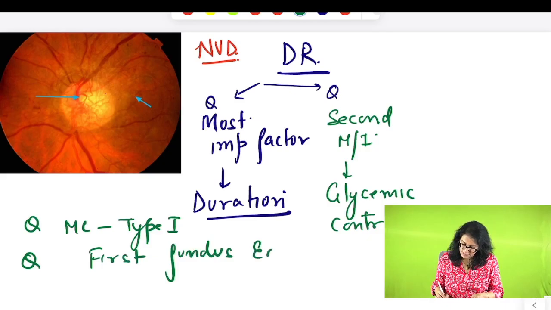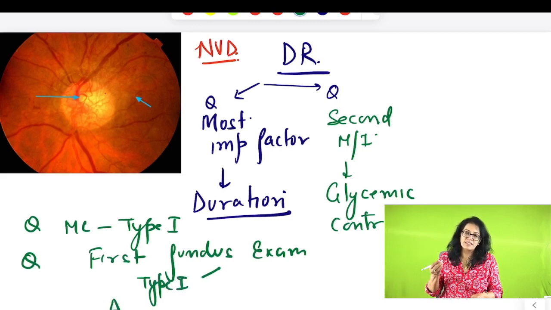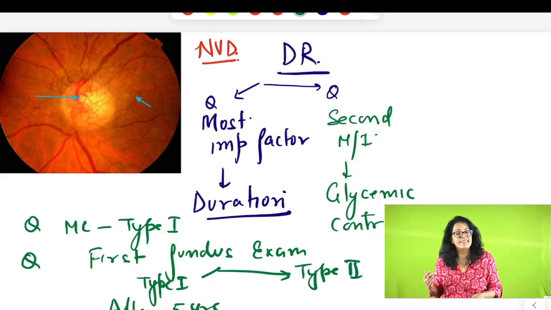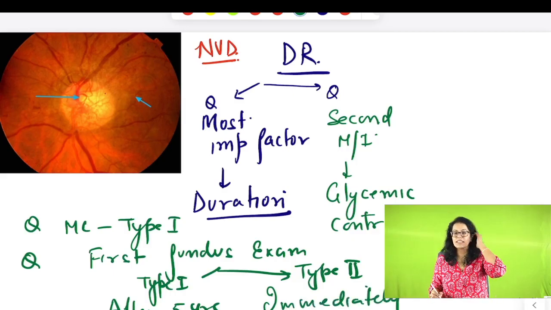In type 1, we should go for it after 5 years because that is the time we expect some changes in the retina. And if I talk about type 2, we don't know since when this patient is diabetic, it generally is diagnosed late. This is the reason we answer we should do it immediately. As soon as you know that a patient is type 2 diabetic, we should go for fundus examination.